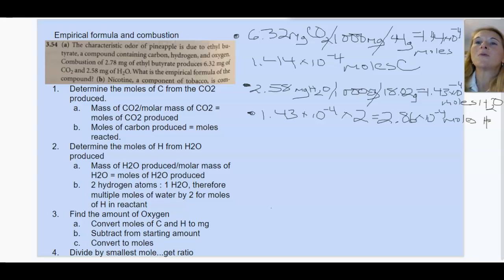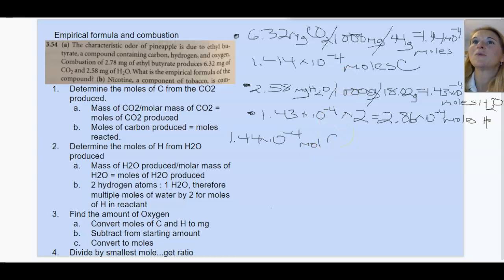So we know that we have 1.44 times 10 to the negative 4 moles of carbon. And we are going to not divide, I've just been dividing so much, I automatically wrote divide.